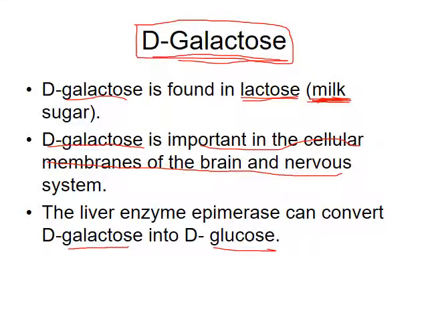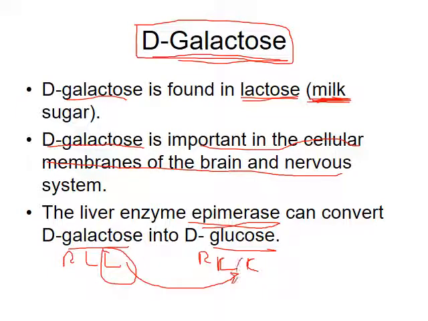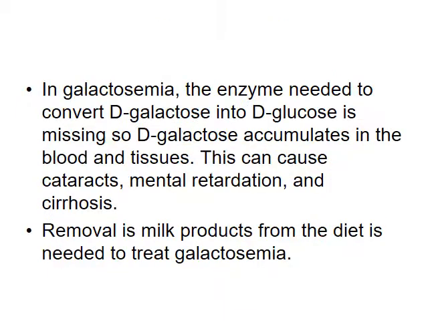And if you remember, the difference between galactose and glucose was this was Run Little Leopard, and this is Run Little Rabbit. There's this enzyme called epimerase, which changes one into the other. Now, if you don't have that enzyme, it turns a lizard into a rabbit.